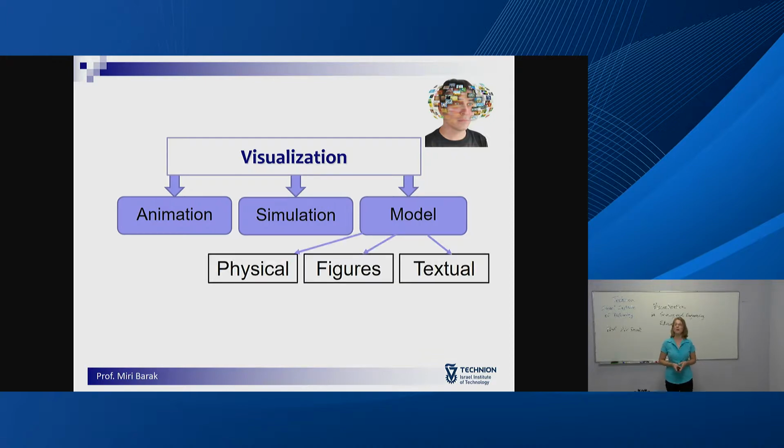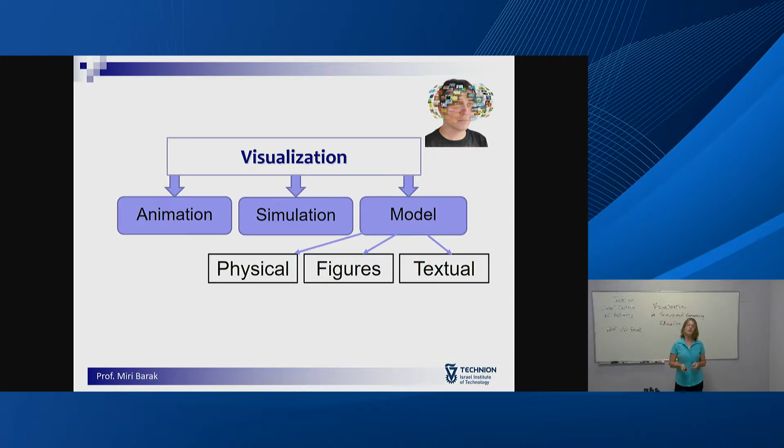When we talk about models, we talk about textual models like the Schrödinger equation depicting the model of an atom. We talk about figures, pictures, drawings, and we talk about actual physical figures, such as this physical model of the diamond, carbon atoms forming a diamond.